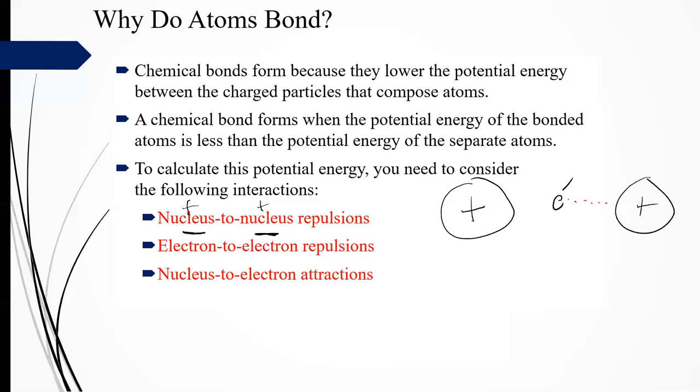When we bring this other nucleus closer, there's also an attractive force that can form between that electron and that nucleus. It's that attraction between the electron and both of the nuclei that can be why a chemical bond can form between those two atoms. Those electrons may like the attraction to two nuclei instead of just one, and that might help us overcome those nucleus-nucleus repulsions and electron-electron repulsions. That's how a chemical bond can be formed.